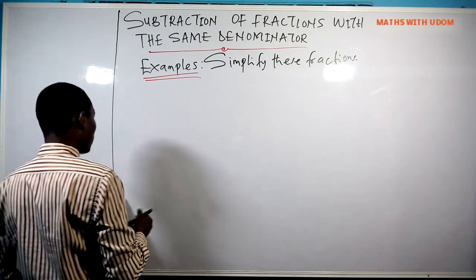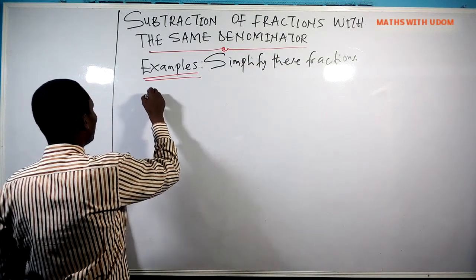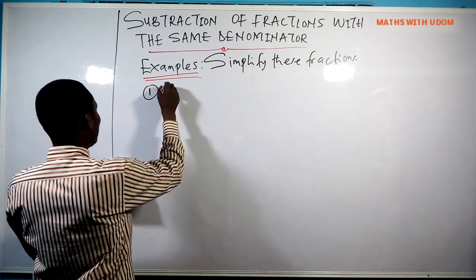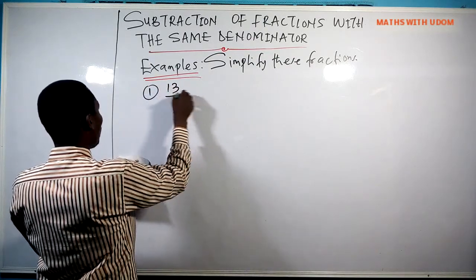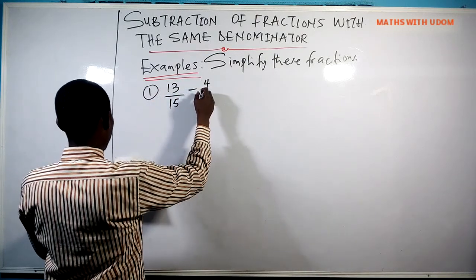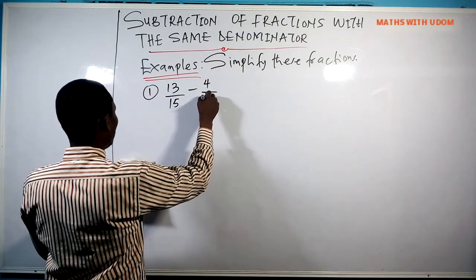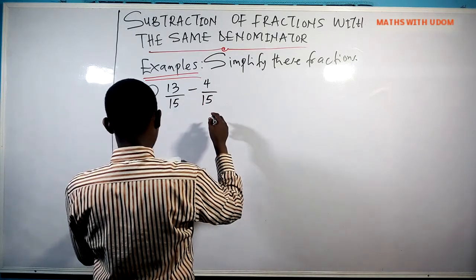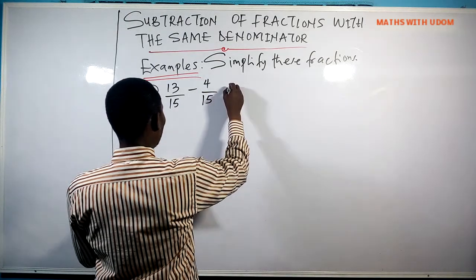Let's get our examples. Number one, 13 over 15 minus 4 over 15.